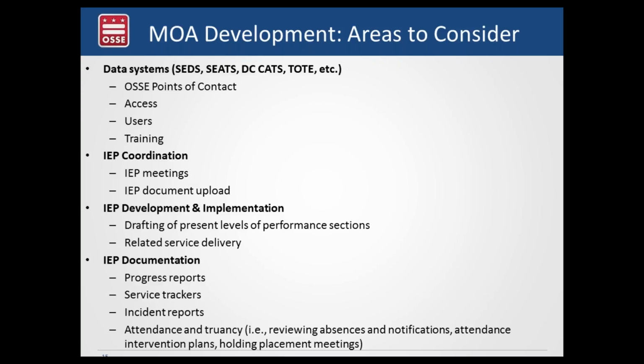IEP development and implementation. One of the most persistent areas of noncompliance that we've seen over the past several years is related services delivery. Oftentimes we know that related services are being delivered to non-public students, but finding the documentation that demonstrates that all of the appropriate related services that have been identified for a student per their IEP, that documentation can be elusive.